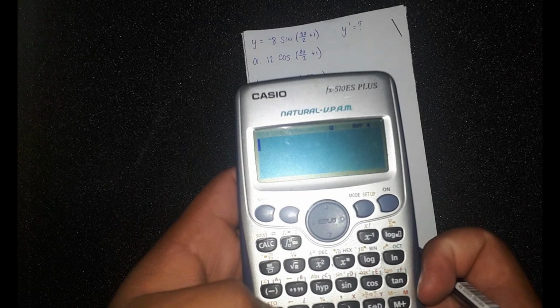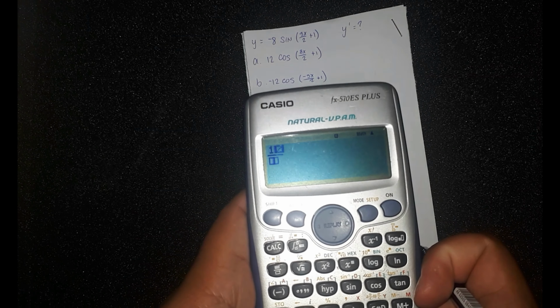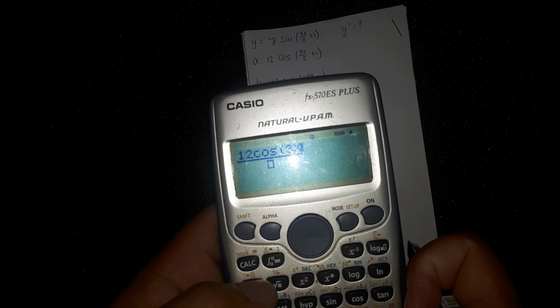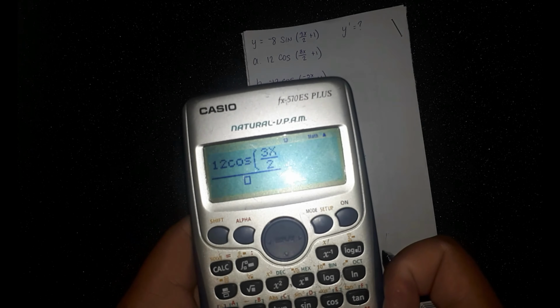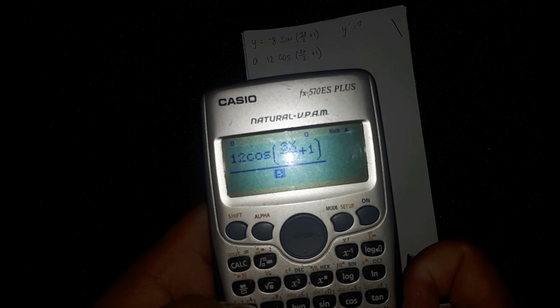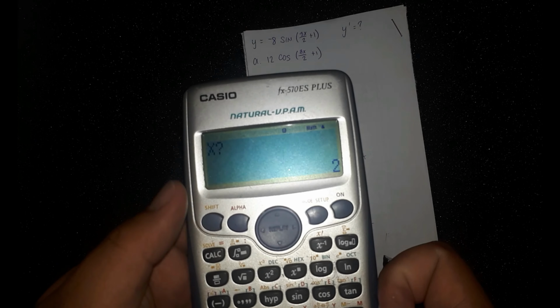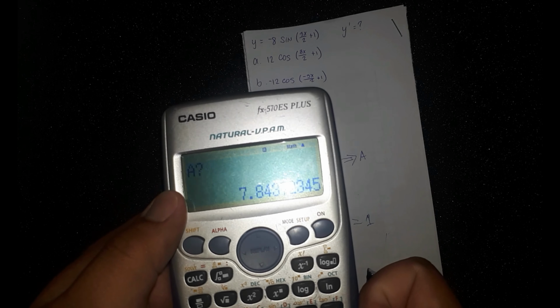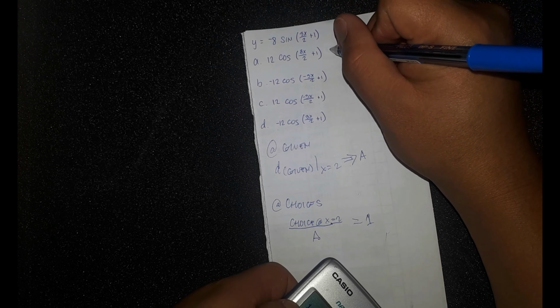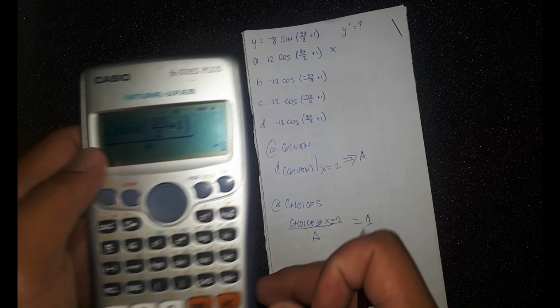Choice A, 12 cosine 3x all over 2 plus 1 all over A, calc x is equal to 2, negative 1, so it's not equal to 1, so letter A is not the answer.